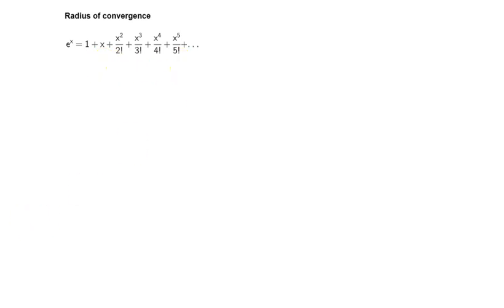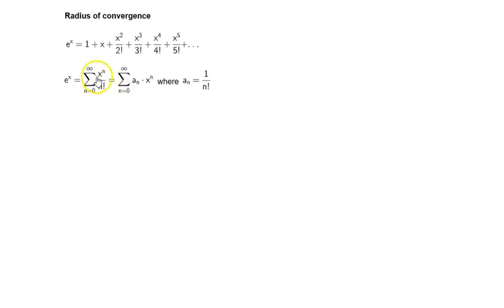So we have this series. We know this is the general formula for the Taylor series of e to the power of x: the summation as n goes from 0 to infinity of x to the power of n by n factorial. Here we are assuming that a is equal to 0.